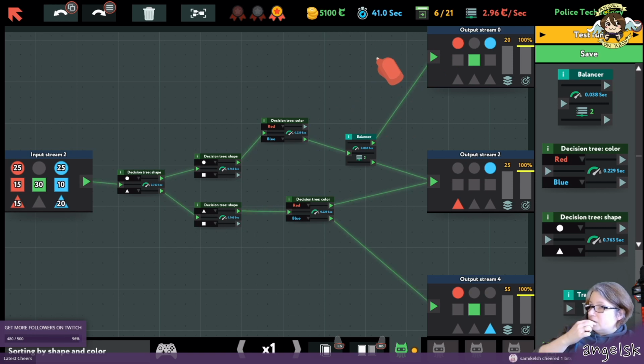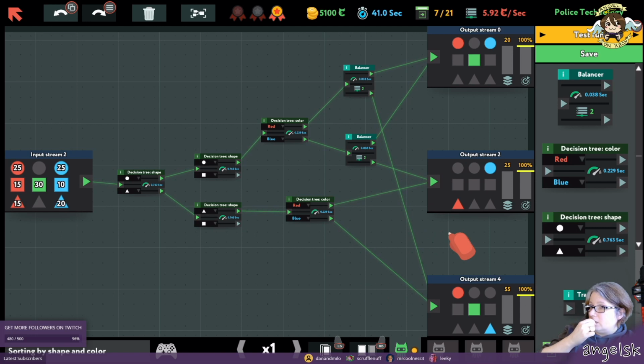Okay, so then that gives us half the blue circles, which is not quite that. We get half the red ones as well. Give us about 25 at the top. And there. Okay. So then we just need to deal with squares.